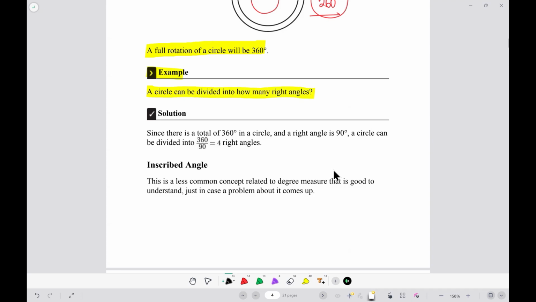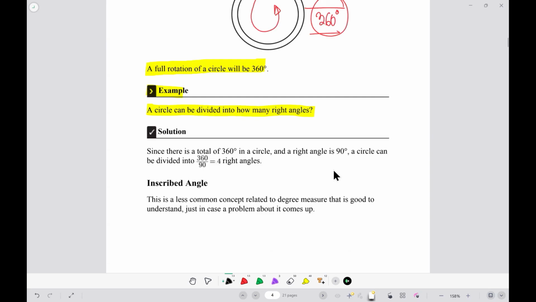They're just asking how many right angles we can produce from a complete rotation of a circle. 360 degrees is the angle for a full rotation of a circle, so 360 degrees divided by 90 degrees is going to be the answer, and that is four right angles.